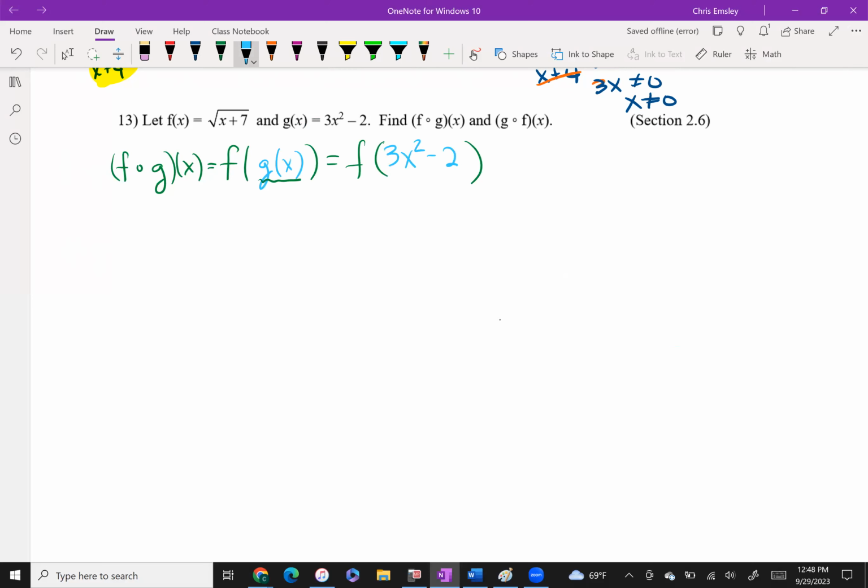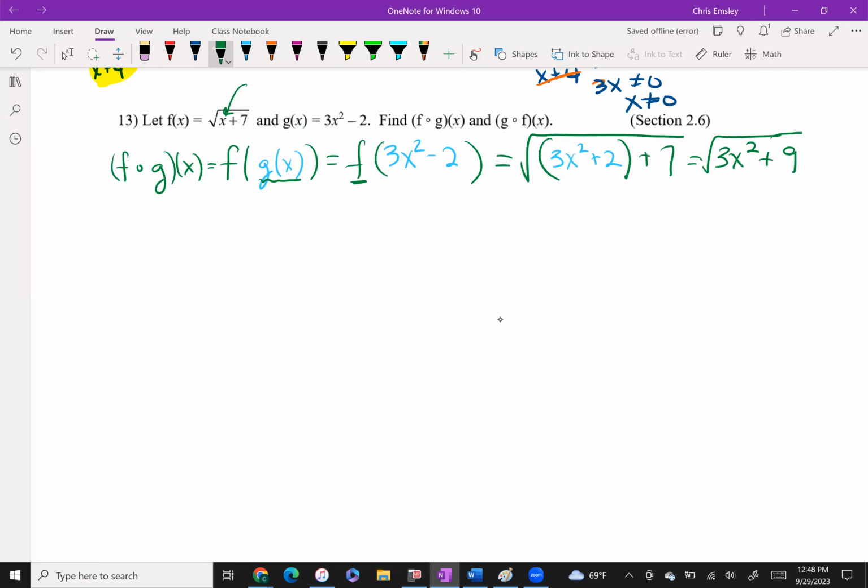Then I need to go and now look at the function f, okay? F says the square root of something plus 7, something being my variable, that's where my input goes. And for this one, my input is 3x squared plus 2. Now we can't do a lot of simplification, but we can do just a little bit here because we do have like terms. 3x squared, 2 plus 7 is 9.